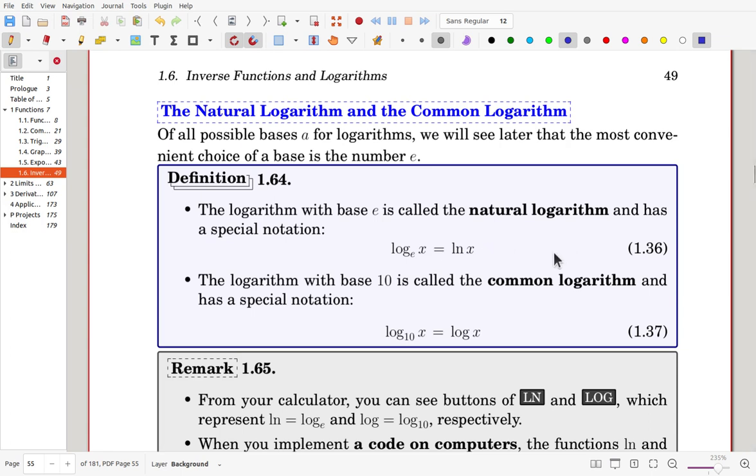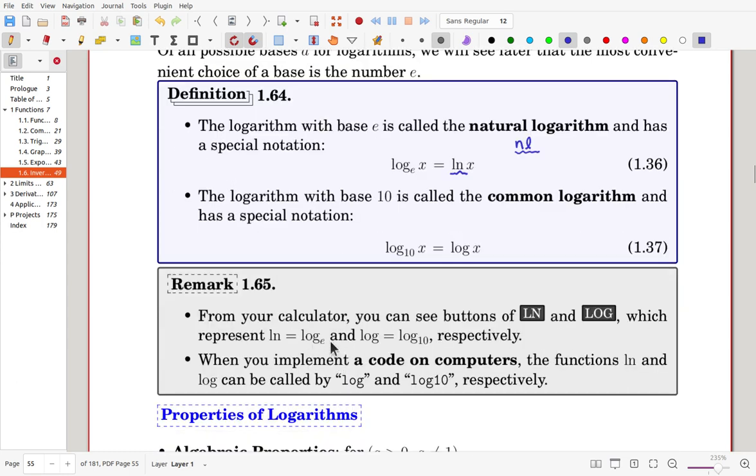That is the natural logarithm, written ln. And once the base is 10, we may ignore the base, and it is called the common logarithm.